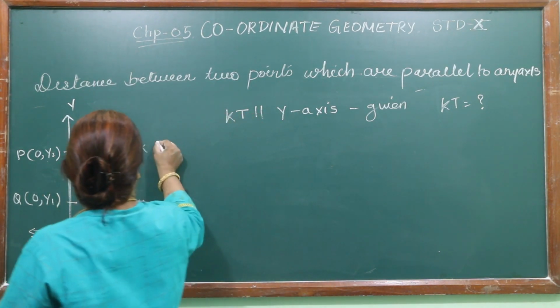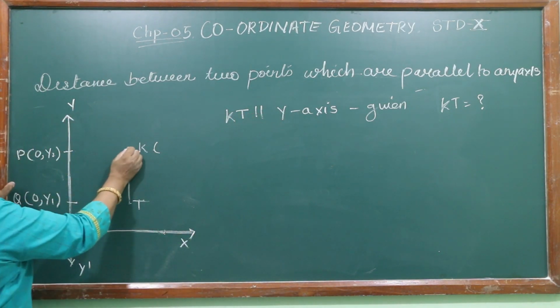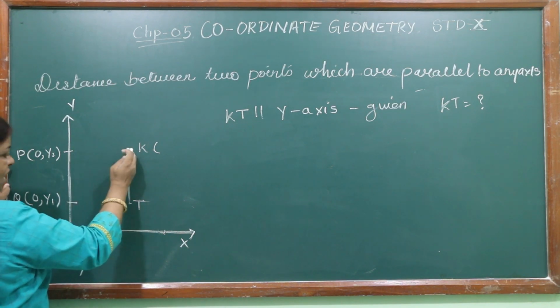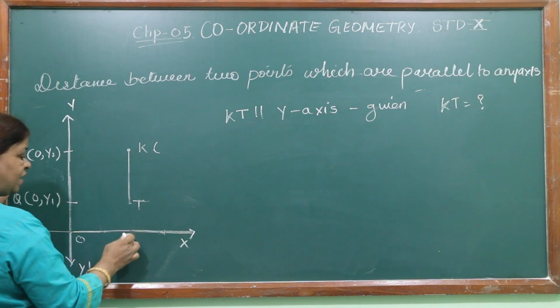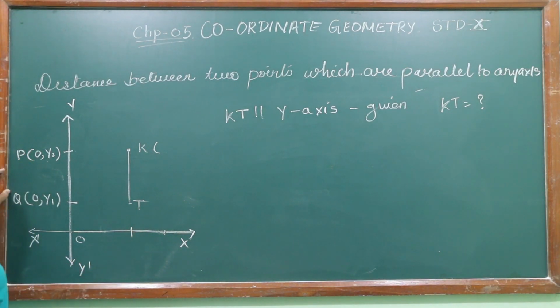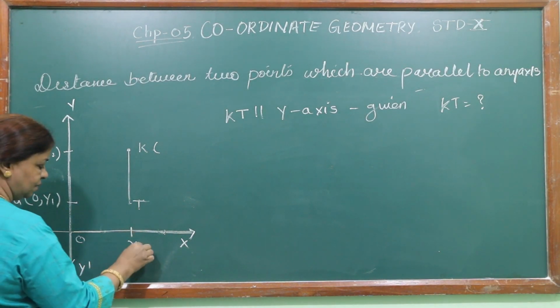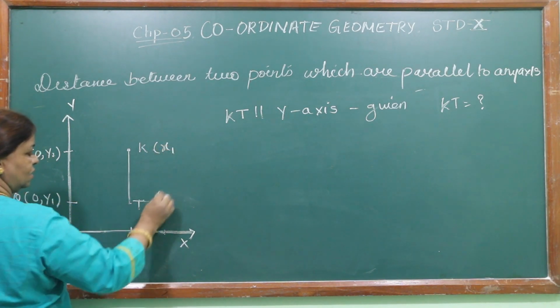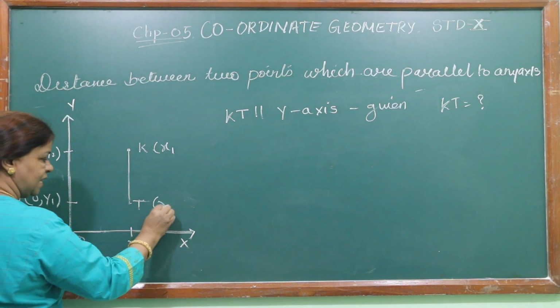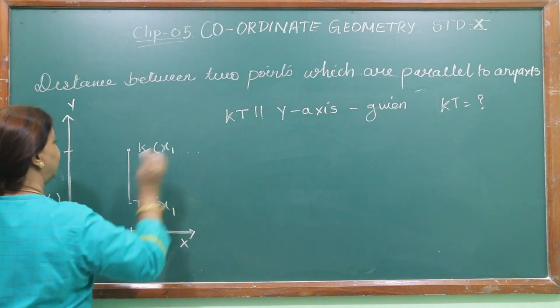First of all, we will find out the coordinate of K. K and T are having their x coordinate same. Say it as x1. Here also it will be x1. What about y coordinate here?